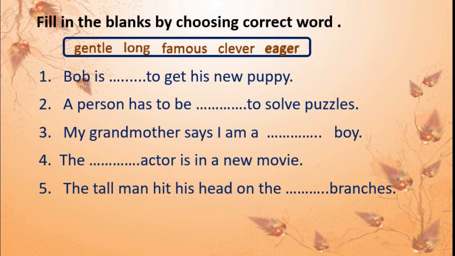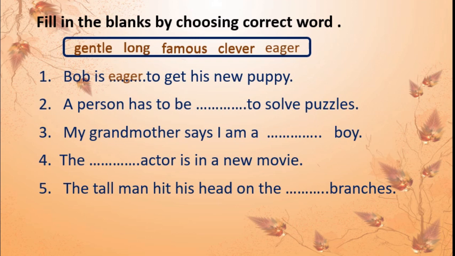These are the 5 words. Here we will use them. Bob is dash to get his new puppy. What will come? Bob is eager. Correct? Eager to get his new puppy.